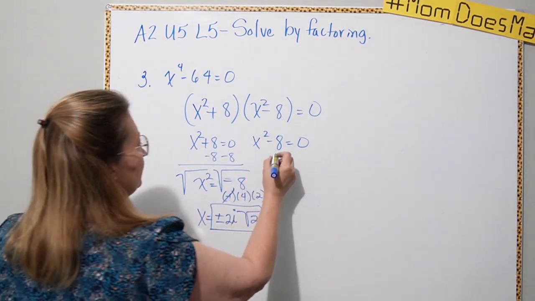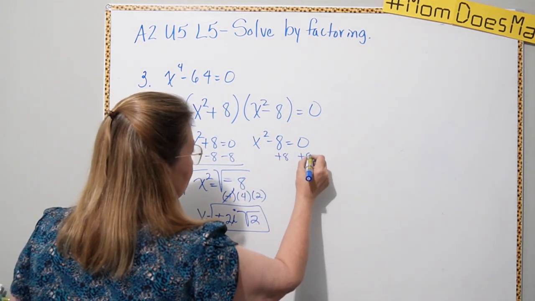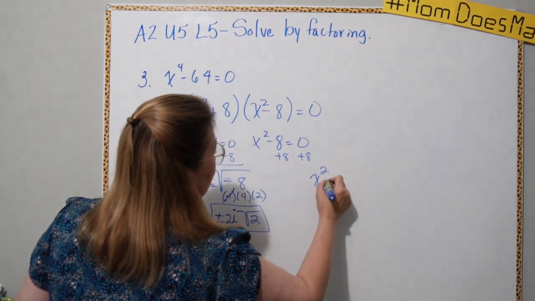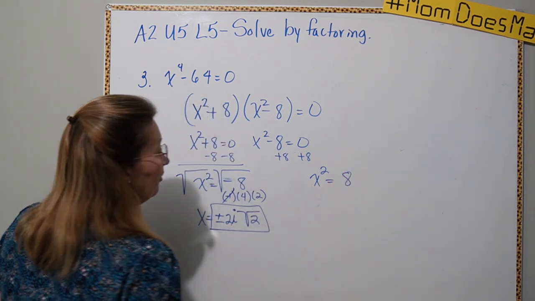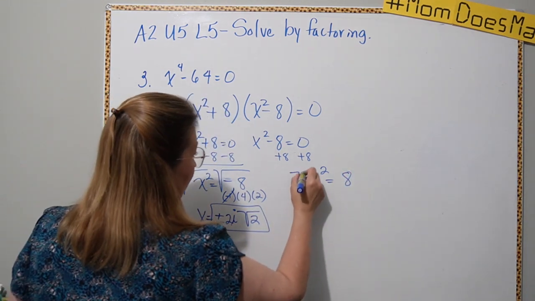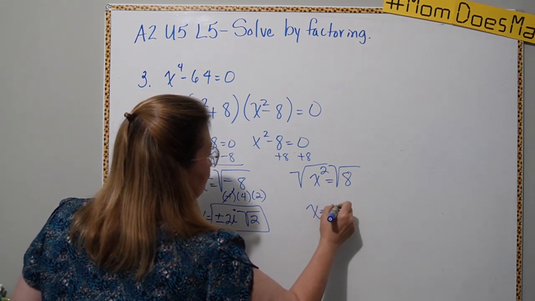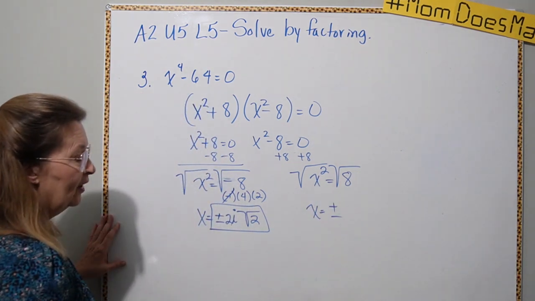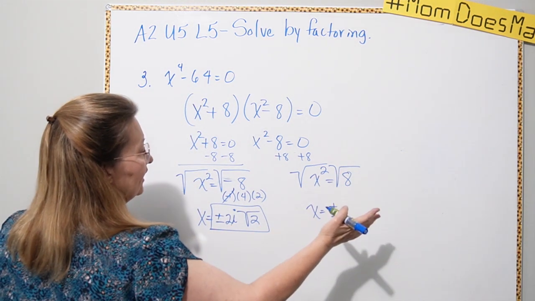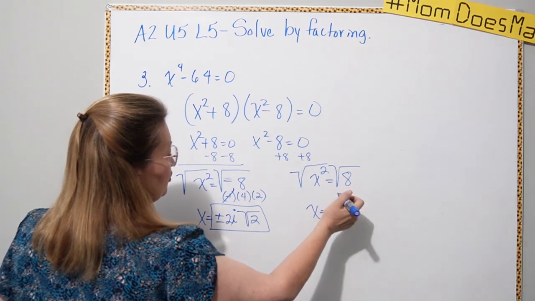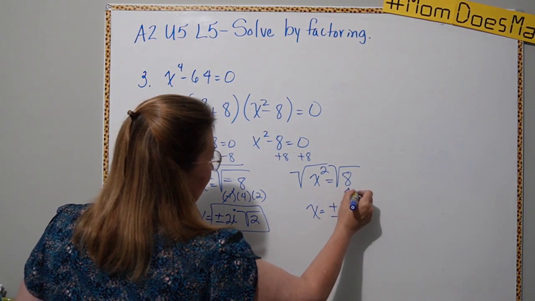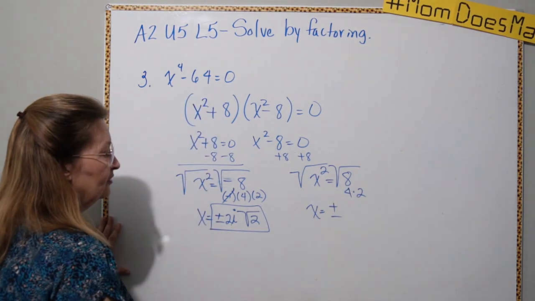All right, let's tackle this one. I'm going to add 8 to each side. So now I have x squared is equal to positive 8. Also going to take the square root of each side. Now when I do, it's going to be plus or minus over here as well. This time I don't have a negative to worry about, but what's a perfect square that will go into 8? 4 with 2 left over.